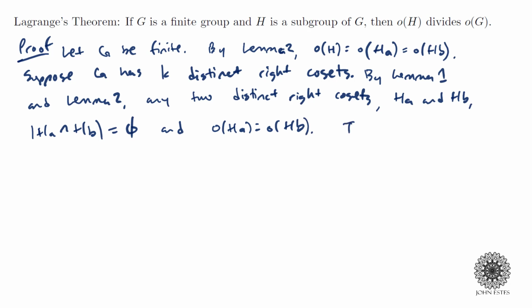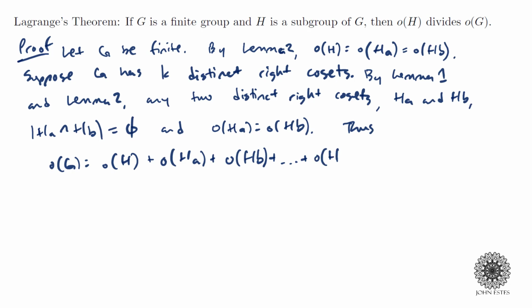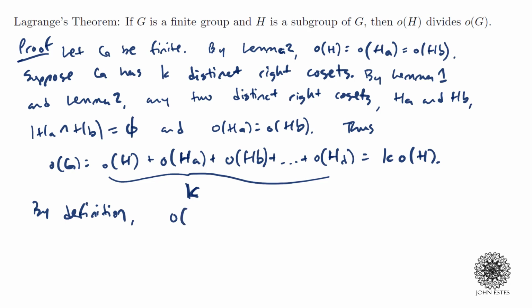Thus, the order of G will be the order of H plus the order of Ha plus the order of Hb plus, and keep going out to the last coset. How many of these do we have? We have k of these, and they all have the same cardinality. So this is k times the order of H.